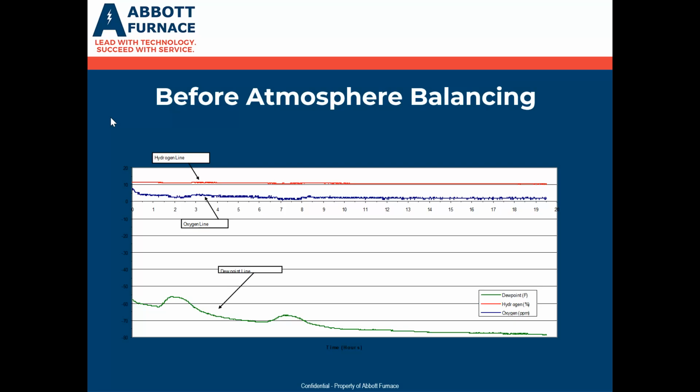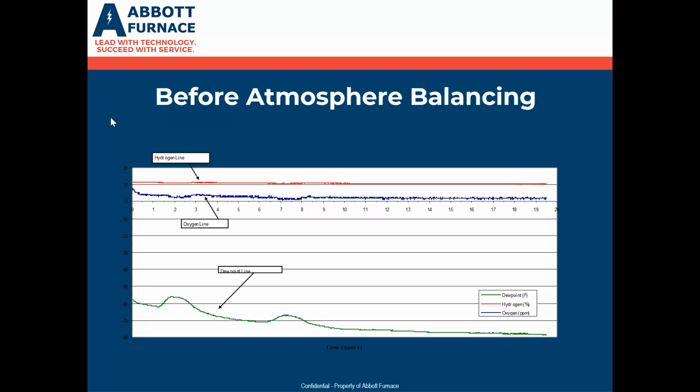So we want to keep that oxygen lower at the rear of the furnace, where it could oxidize the product in the cooling zone. We want that oxygen up toward the front of the furnace where it can react with the lubricant vapors and help keep them in gaseous form.